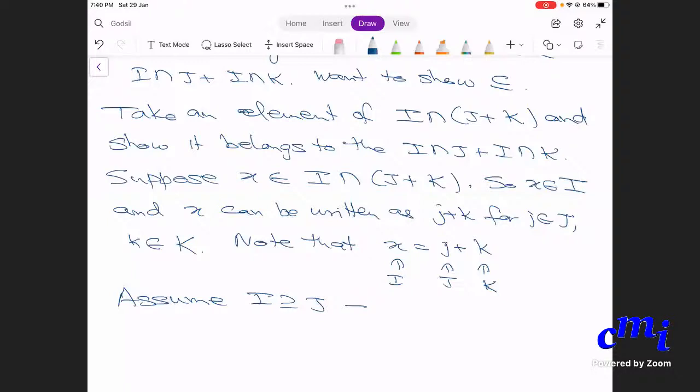So this implies that little j, which is in J, is also in I. So x is in I and j is in I, which means k, which is x minus j, belongs to I also.